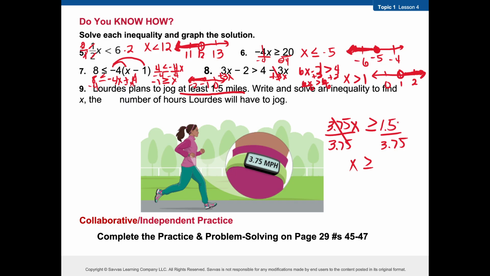So 1.5 divided by 3.75 is 0.4. And if you want to find out the actual length of time, 0.4 of an hour, 0.4 times 60 minutes, she has to jog for 24 minutes or more to at least reach 1.5 miles. For more practice, you can work on these.